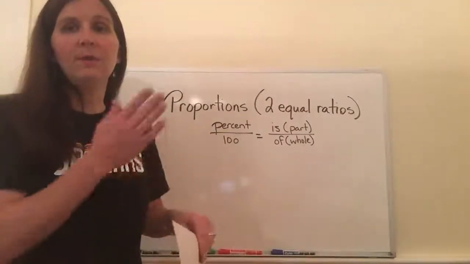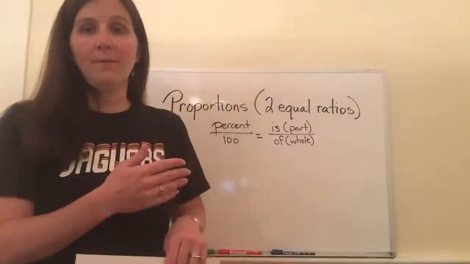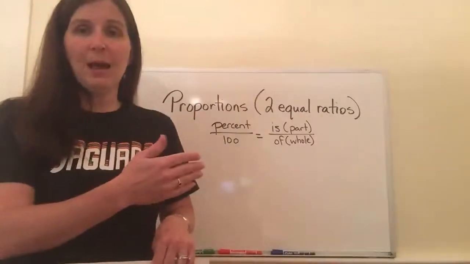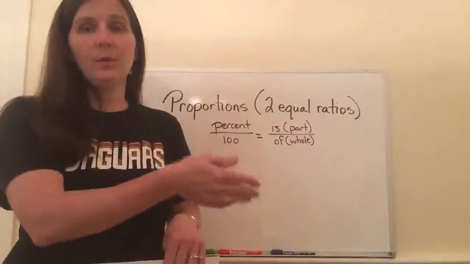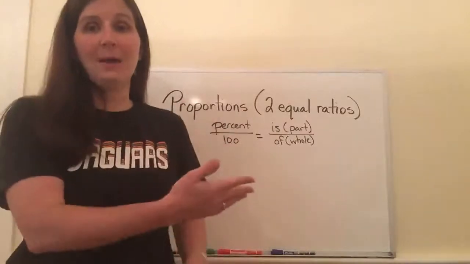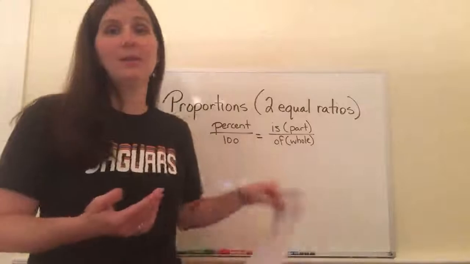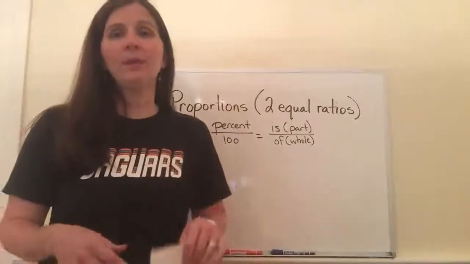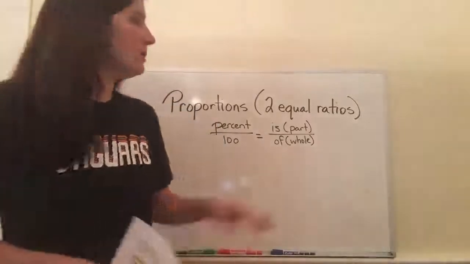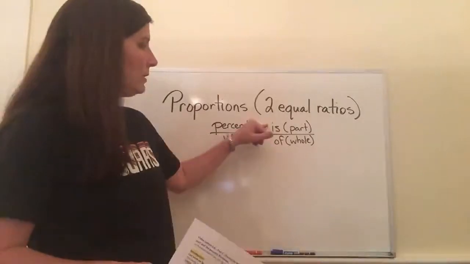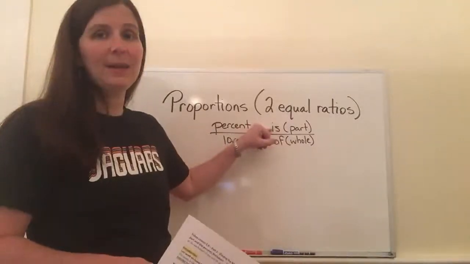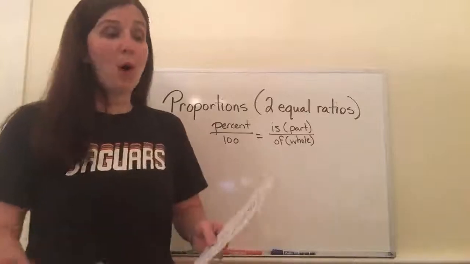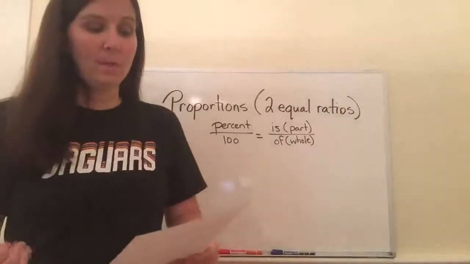Or we could have done 15% is 0.15, of means multiply, 30, so we would do 0.15 times 30 and we would get the same answer as we get for this one. This week we are going to be looking for the of. So we're going to be given the is. We're going to be given the part and we have to find the whole.